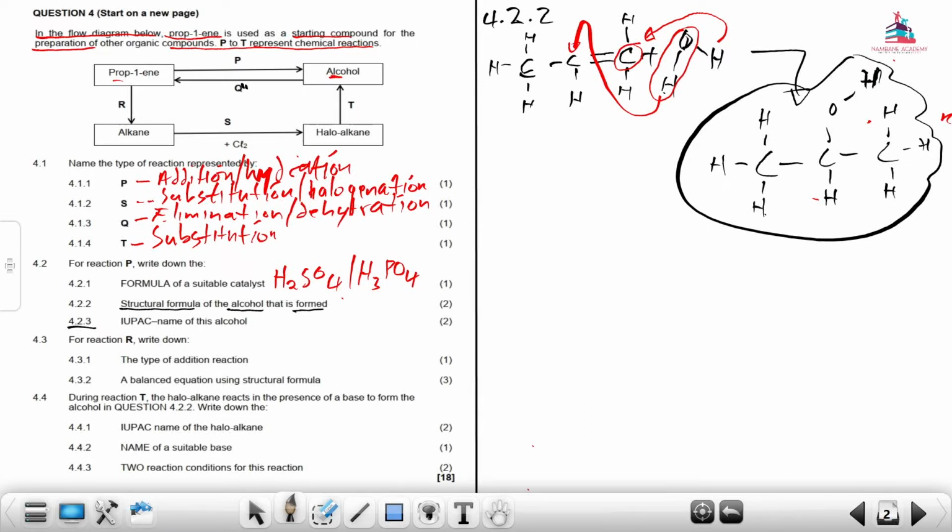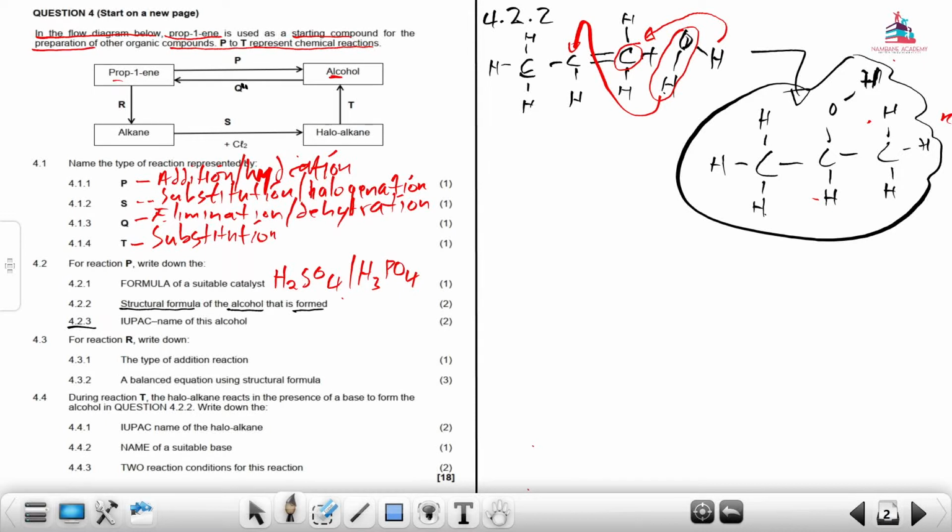So if your structure is wrong, automatically you are going to get 4.23 wrong. And it's 2 marks, 2 marks. So it's a lot of marks that we cannot afford to lose. We are here to accelerate your performance and ensure that you definitely do well. So hence we needed to explain first in terms of Markovnikov's rule.